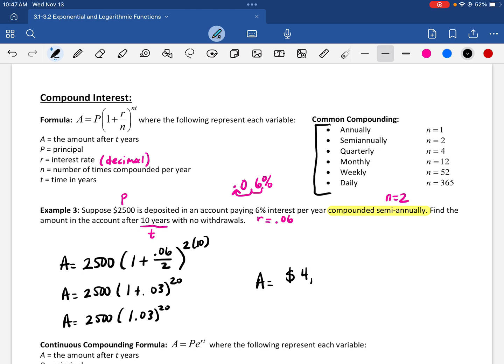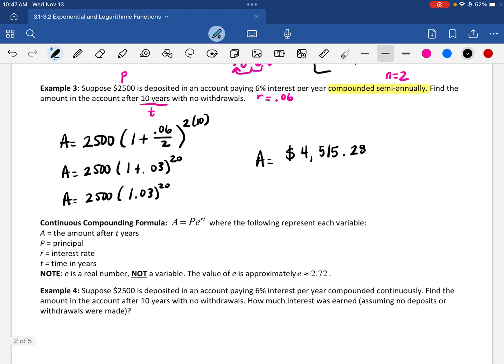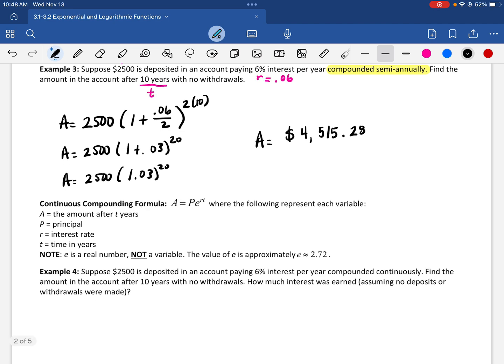And when I plugged it in, I got $4,115.28. All right, so just knowing where to plug those values in and getting them plugged in, pretty much from there, it's going to be plug it in the calculator and see what you get.